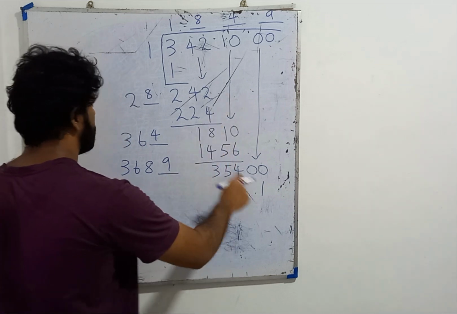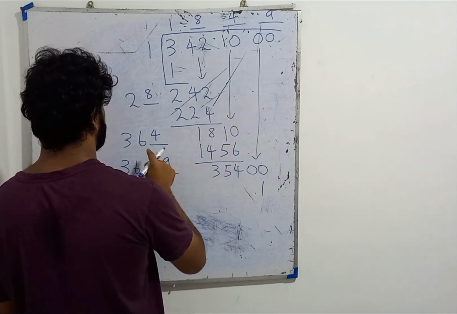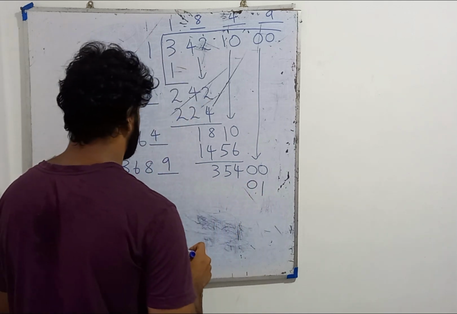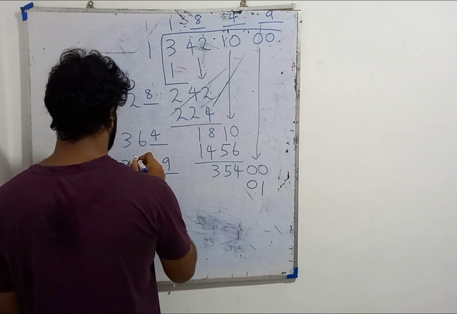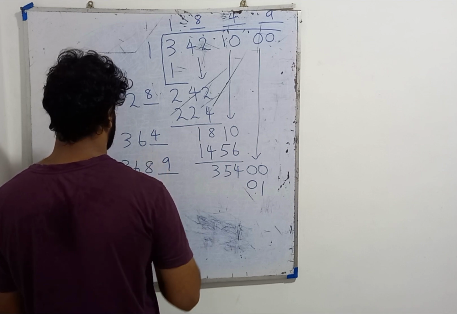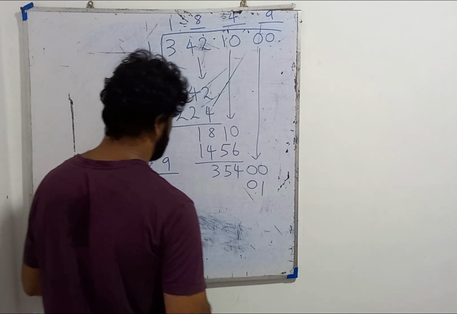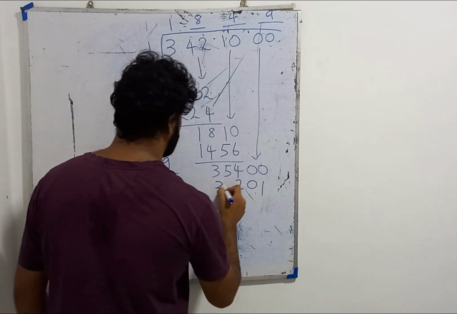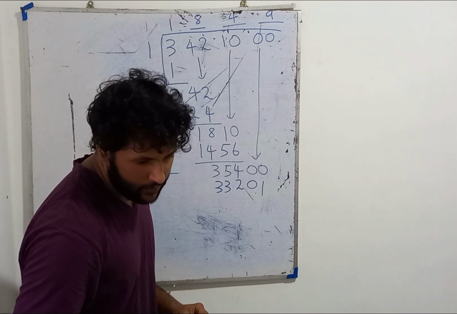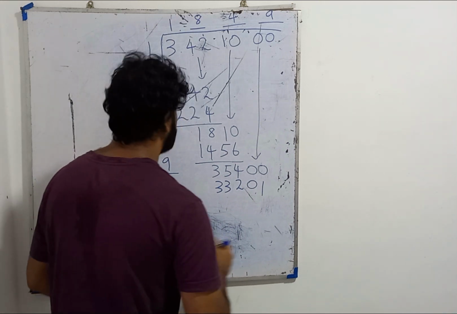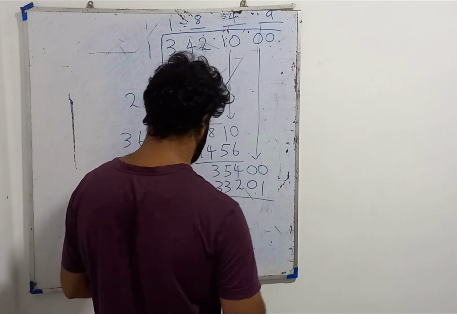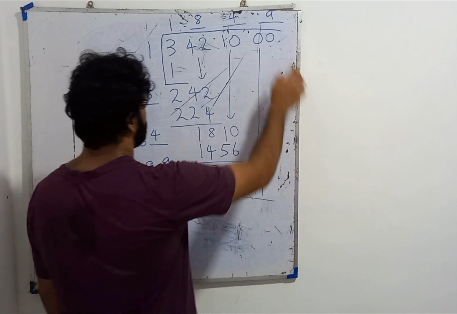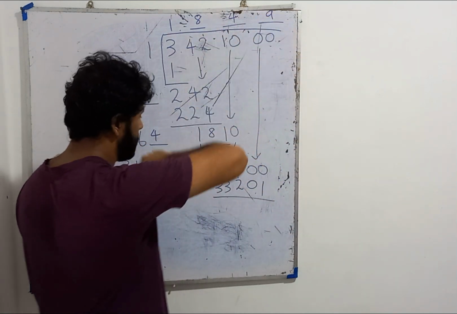Yes. 33,201, right? Yes. Then it's okay. We can take the remainder finally. We don't have to go further because now we already found the answer to 3 decimal places. Now we can approximate.